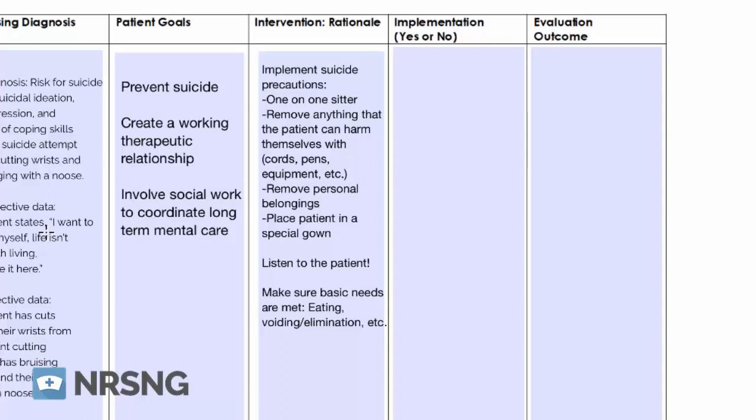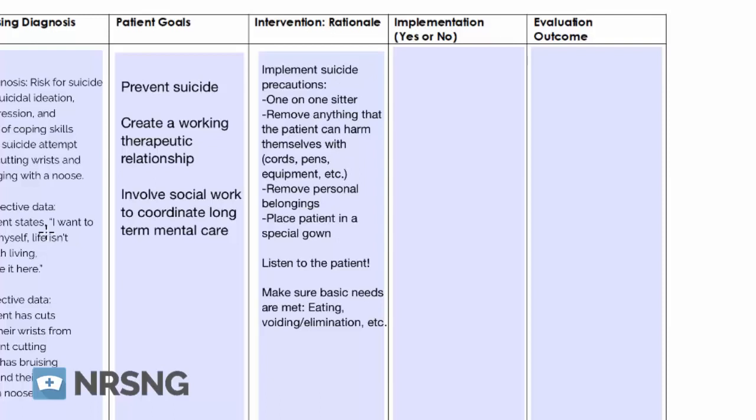So a one-on-one sitter. Even if mom or any other family member is present, you want somebody who is trained to sit with that patient and look for warning signs and knows our hospital policies. Make sure that if a food tray gets accidentally delivered with, let's say, a knife on it, that person is able to pick up on that if you don't pick up on it right away.